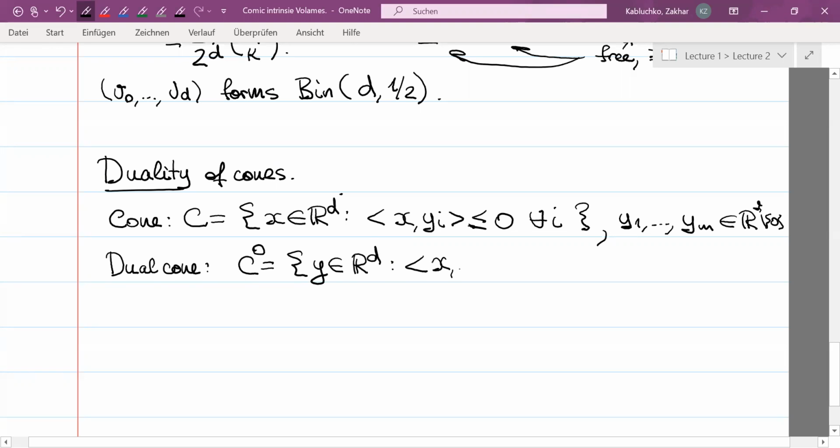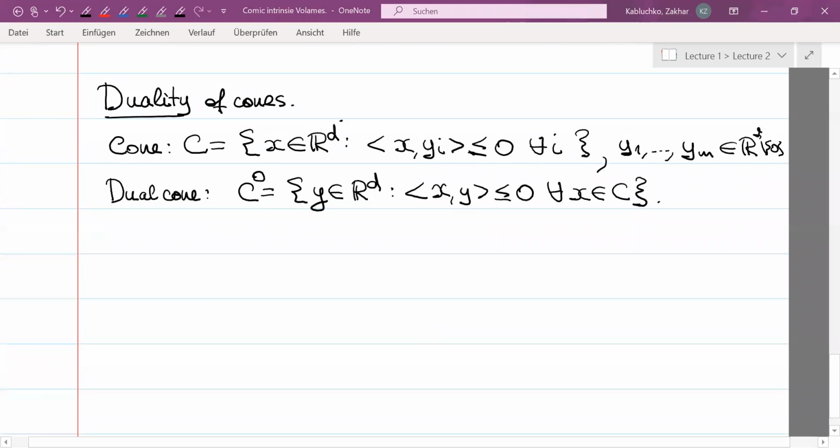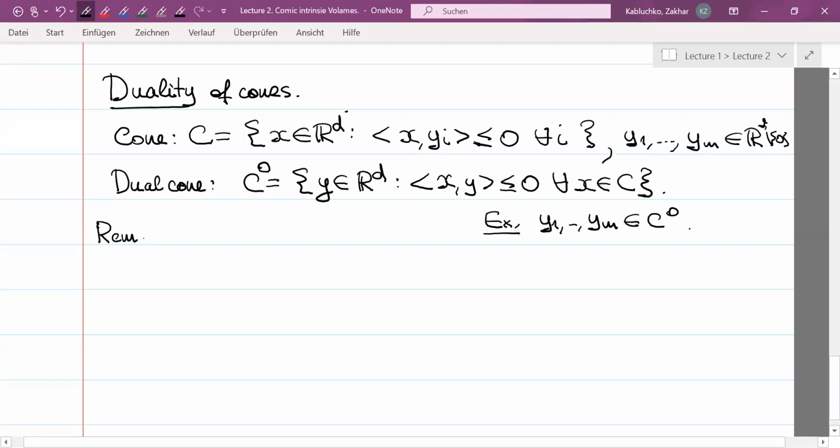So the scalar product of x and y should be smaller than or equal to 0 for all x in C. So for example, y_1, ..., y_m are in this dual cone. But also all positive combinations of y_1, ..., y_m are in the dual cone. And in fact, the dual cone is given by the set of such positive combinations. Now, a remark. The dual of the dual is the cone itself.